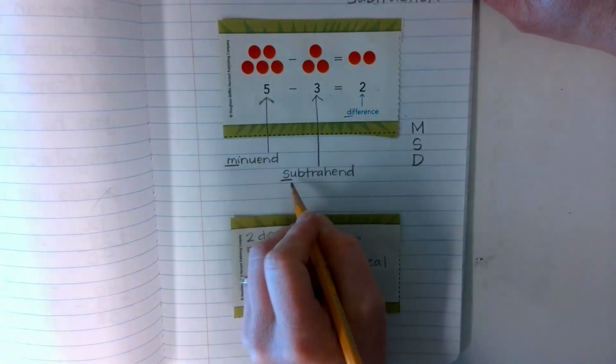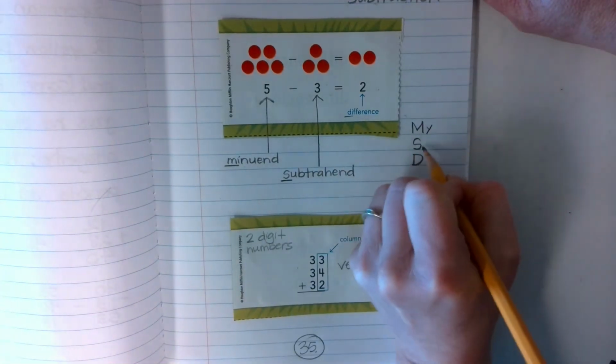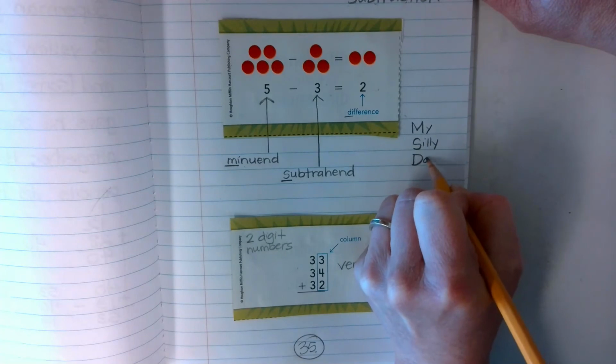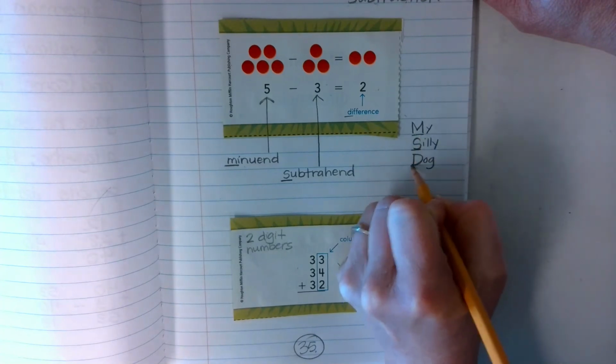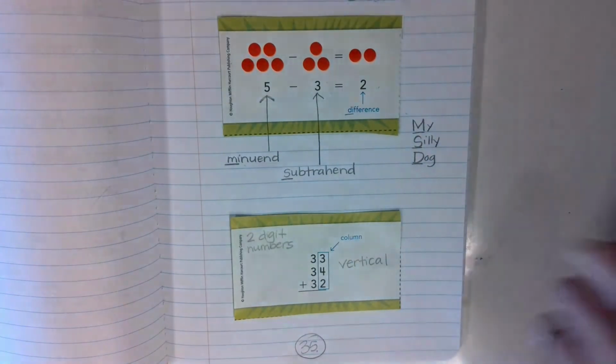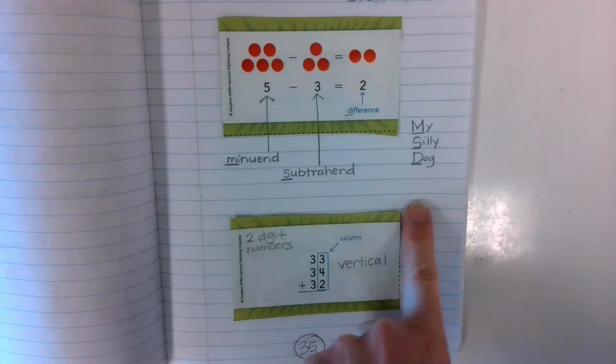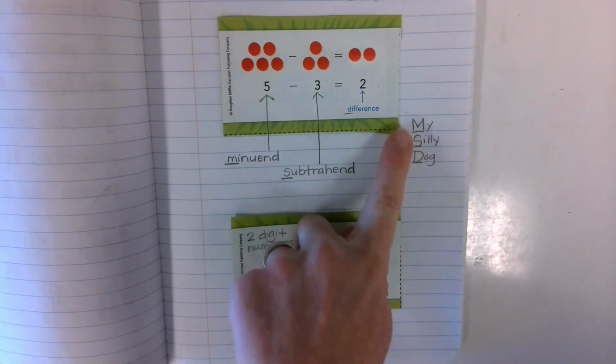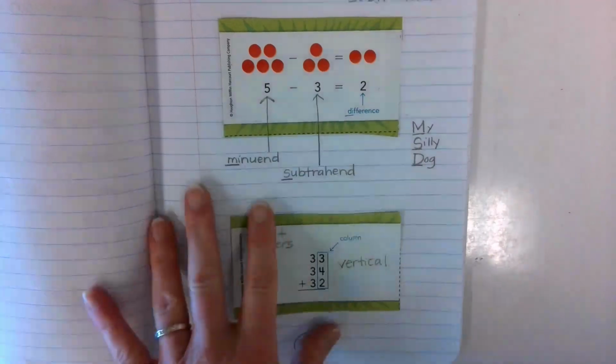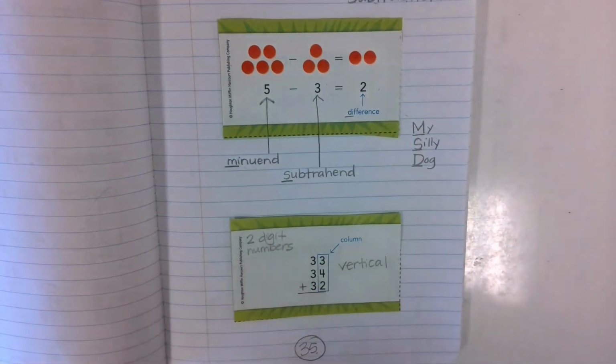And I remember MSD by thinking my silly dog. So that's how I remember it. But you can remember MSD, minuend, subtrahend, difference, any way you want to. If you like my silly dog, you can use that.